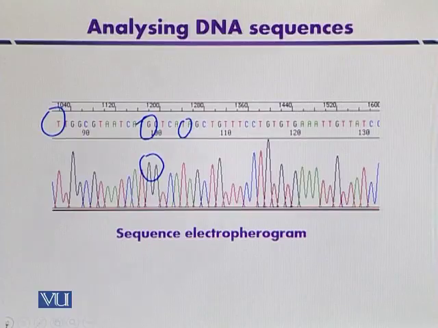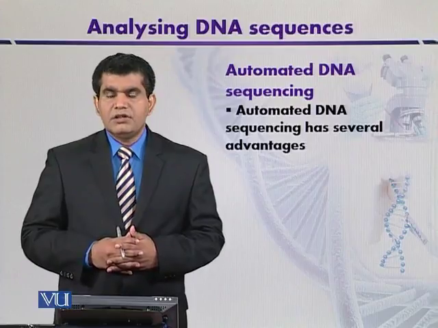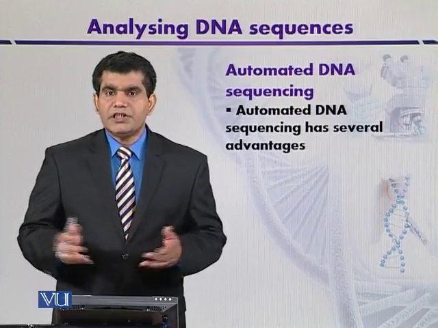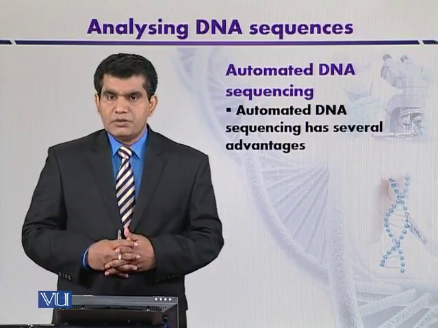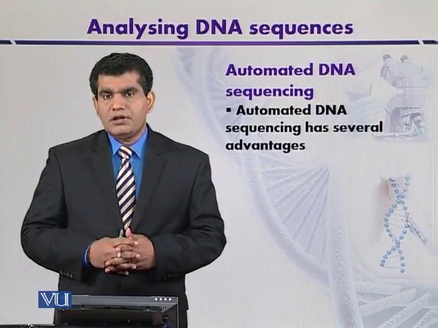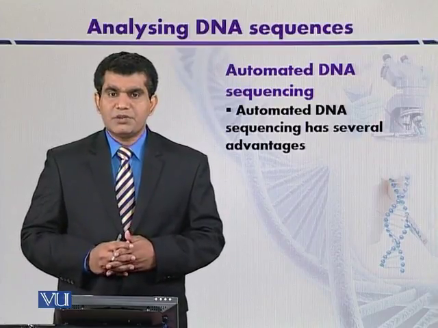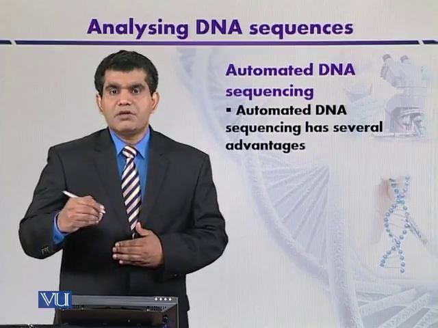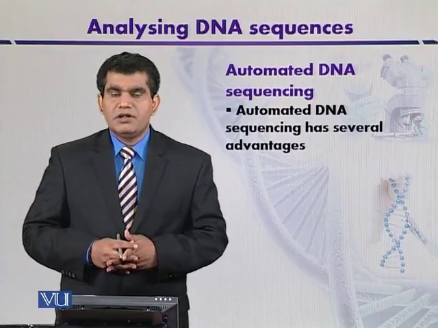Automated DNA sequencing has several advantages. As I told you, in case of manual sequencing like the chain terminator method, autoradiographs are produced, and even some good laboratories face problems because the quality of the autoradiograph that is produced is poor, and to read the different segments in comparison with the standard lane of the nucleotide is difficult.